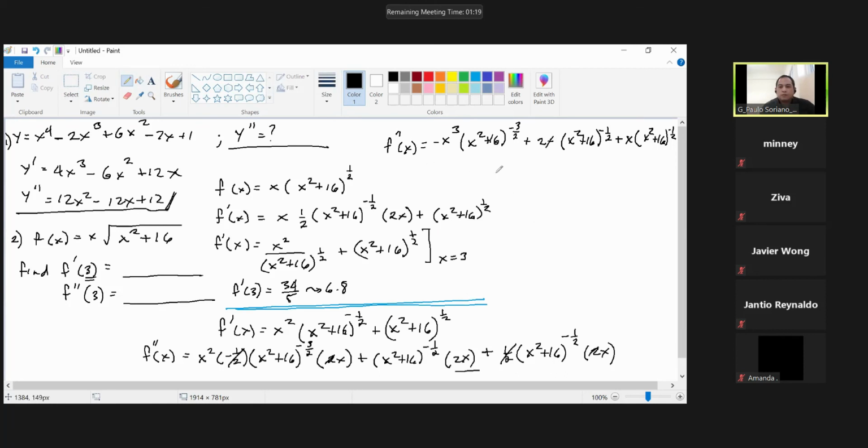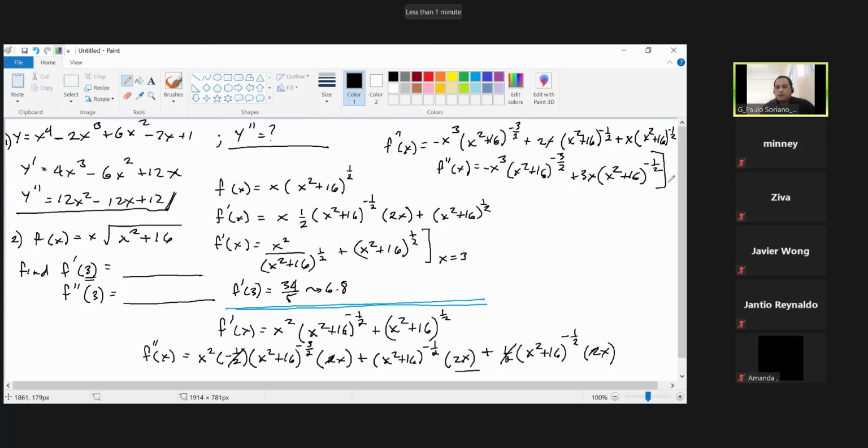Okay, basically we have here f double prime of x is equal to negative x cubed times (x squared plus 16) raised to negative 3/2, plus 2x plus x is 3x, plus 3x times the same factor over here, (x squared plus 16) raised to negative 1/2.